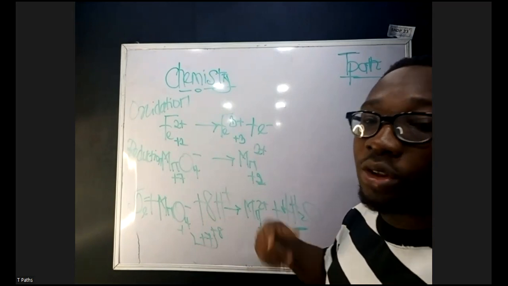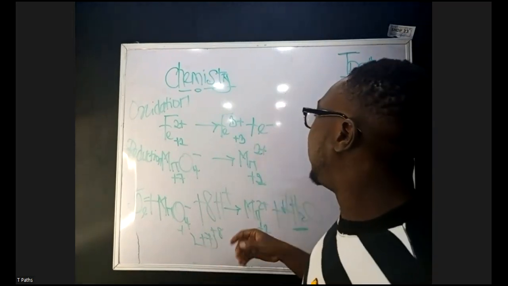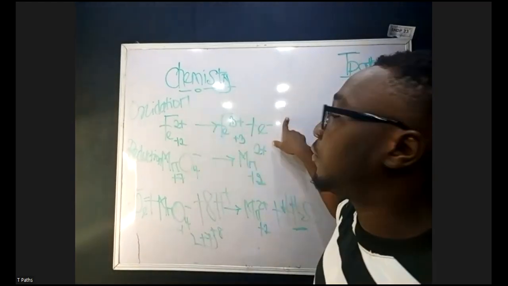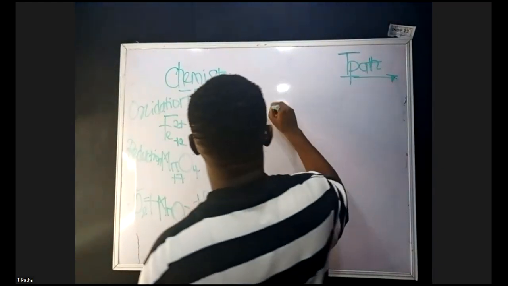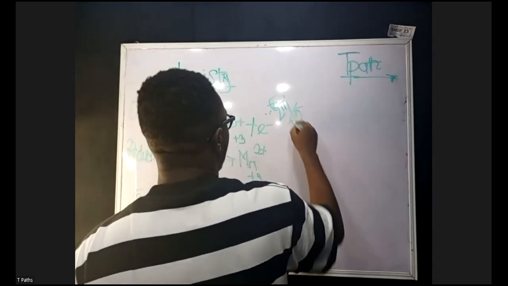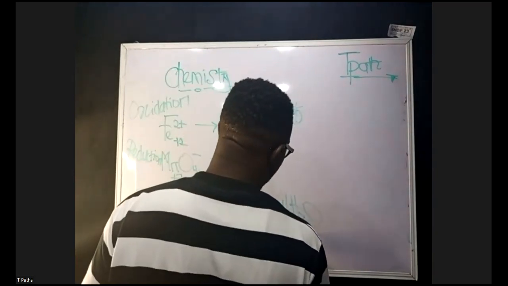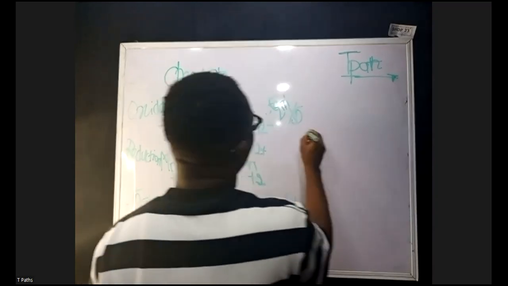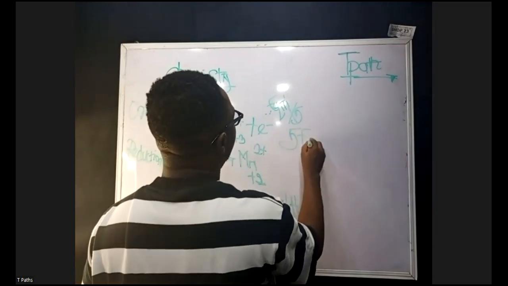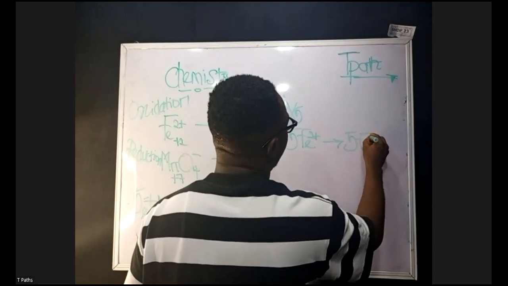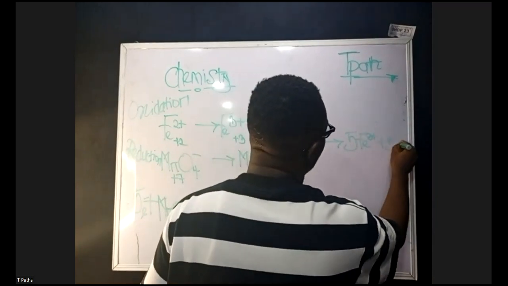So what do we do? Like in a simultaneous equation, we have to multiply equation 1 by 5, and multiply equation 2 by 1. So doing that, we have 5Fe2 plus gives 5Fe3 plus plus 5 electrons.